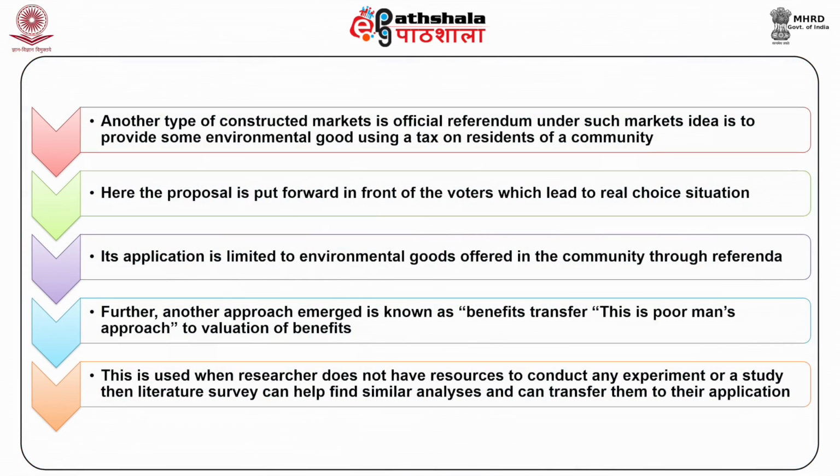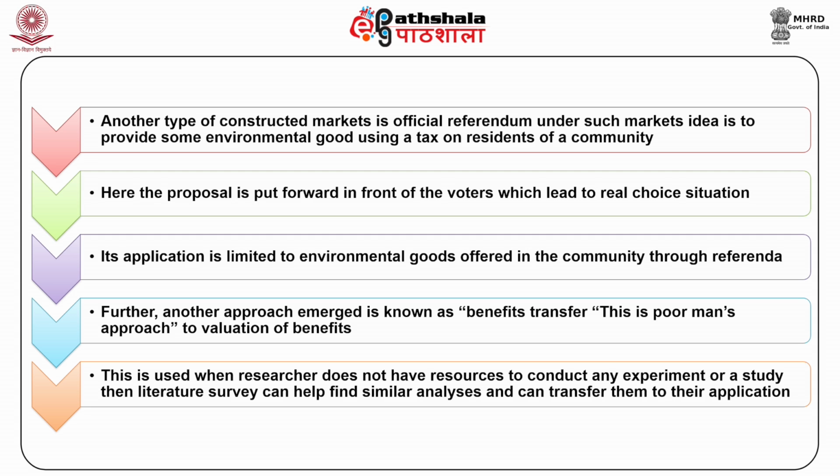Another type of constructed market is the official referendum. Under such markets, the idea is to provide some environmental good using a tax on residents of a community. Here, the proposal is put forward in front of the voters, which leads to a real choice situation. Its application is limited to environmental goods offered in the community through referenda.